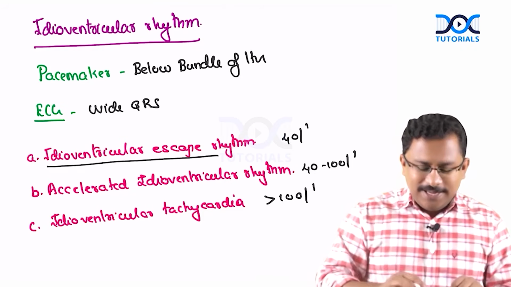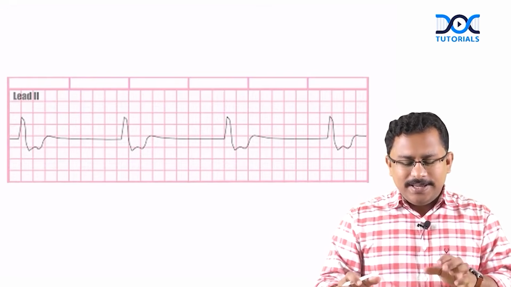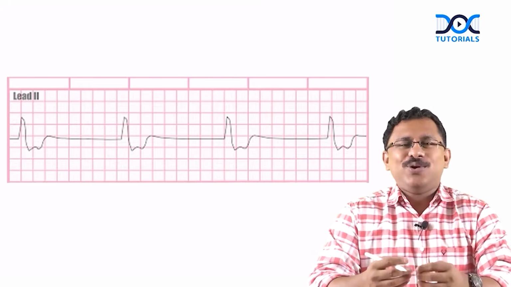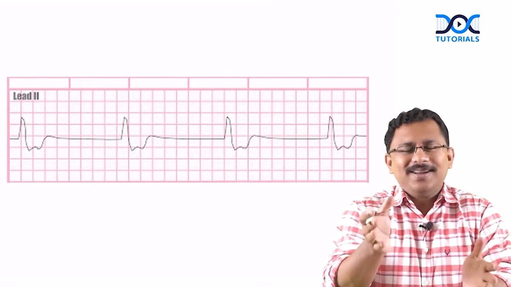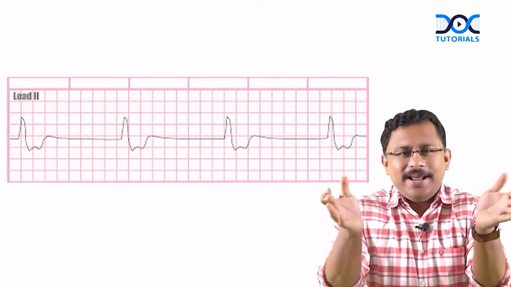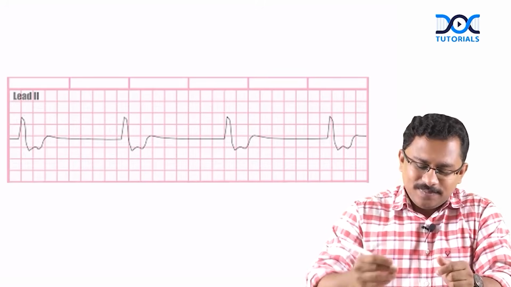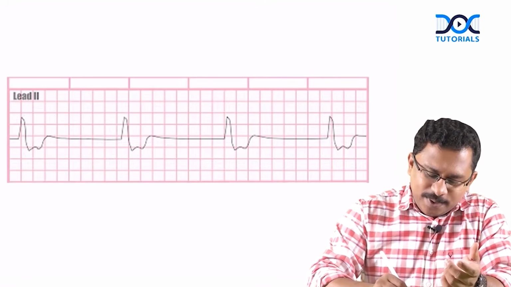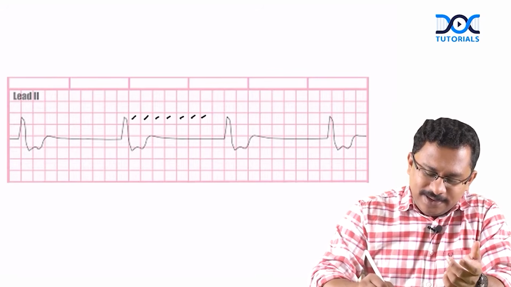So when you take the idioventricular escape rhythm, I'll just show you an ECG. See, something that is very striking is the broad QRS. I told you, wide, bizarre QRS complexes, because the ventricular depolarization is not happening in unison. And the rate also will be very low. You see here the number of large squares separating the two R waves is 1, 2, 3, 4, 5, 6, 7, 8.